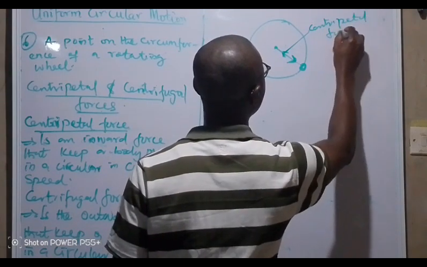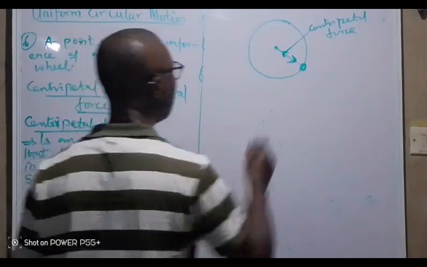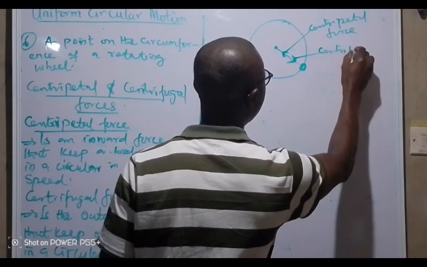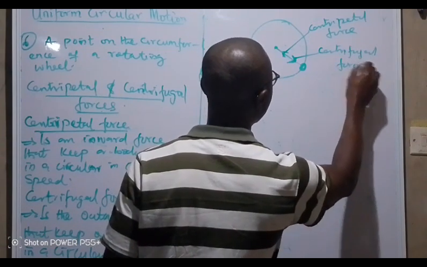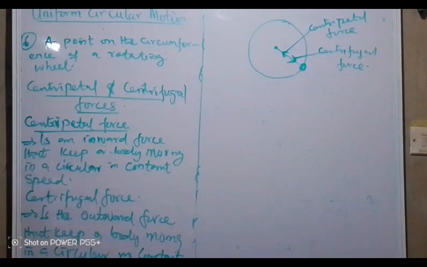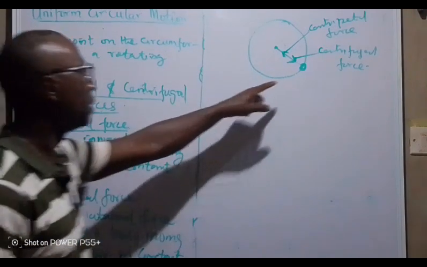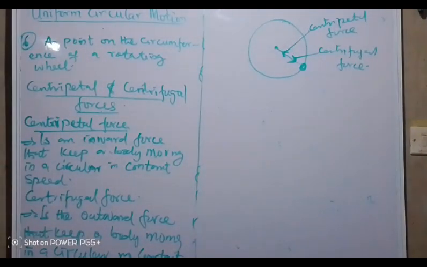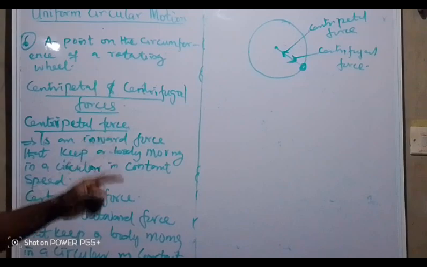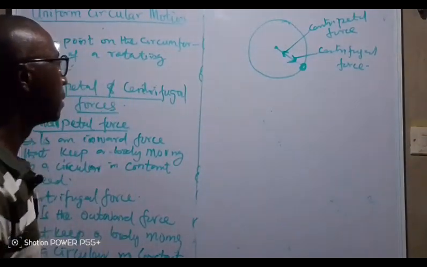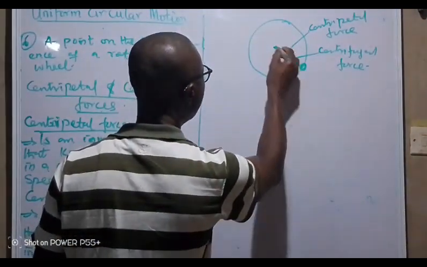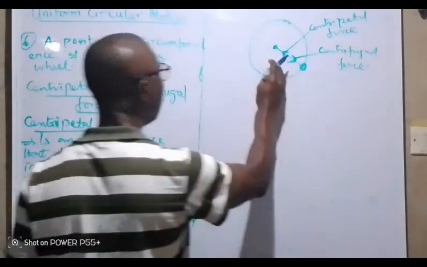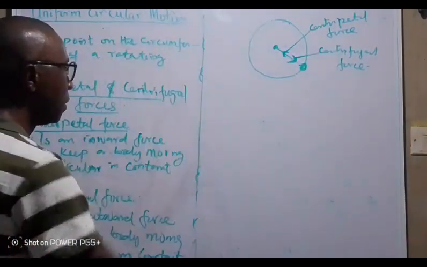The inward force is centripetal force, while the second one, the outward, is centrifugal force. So when the effect of these two forces are balanced, then the object will move with constant speed in the circular path. So that's the illustration of the two forces. From here to here now is the radius of the circular path.